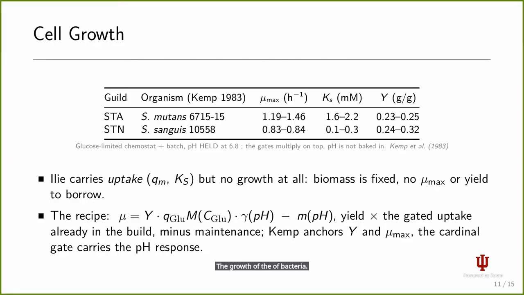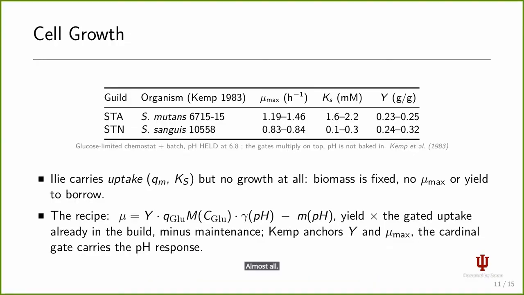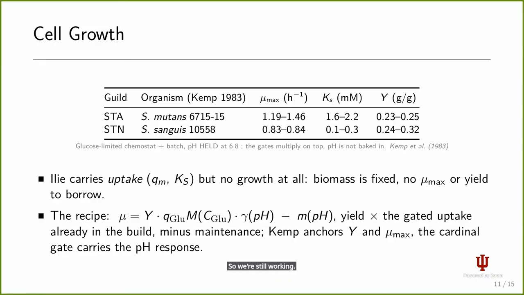And so I found the parameters that we would need for each species of bacteria, and was in the process of implementing this. And I got almost all the way, although just due to time constraints, there was one parameter I wasn't able to determine. So we're still working on the cell growth as of right now.